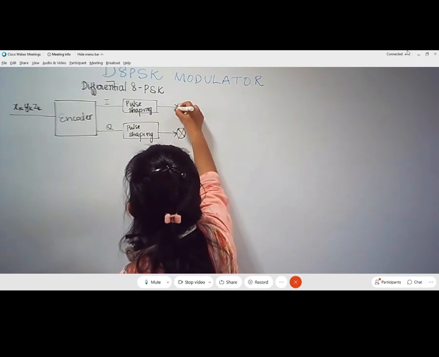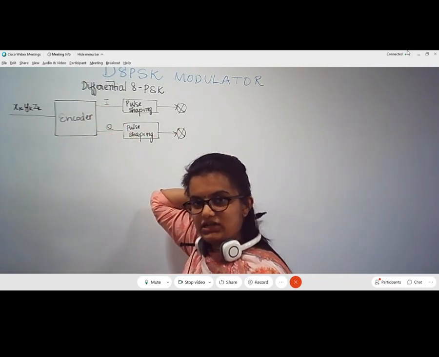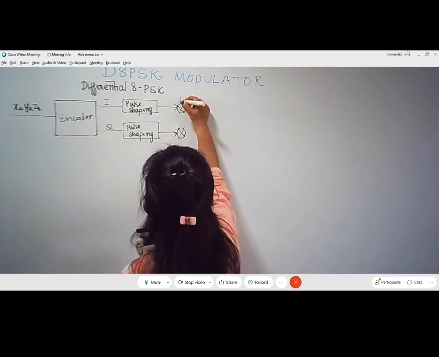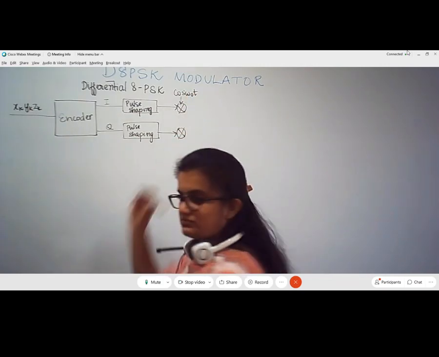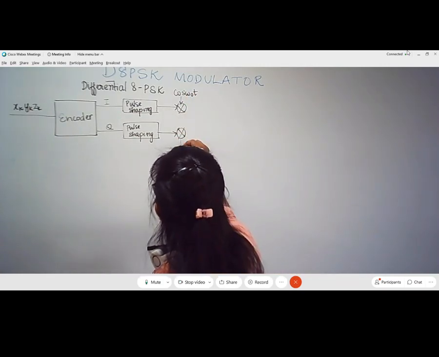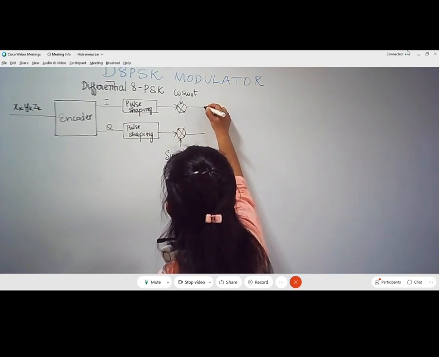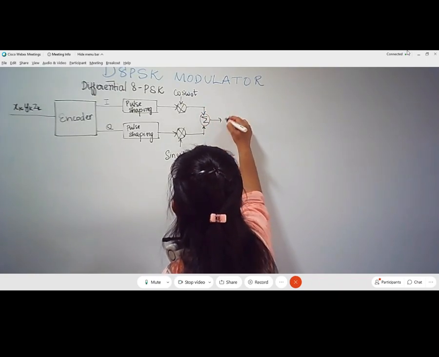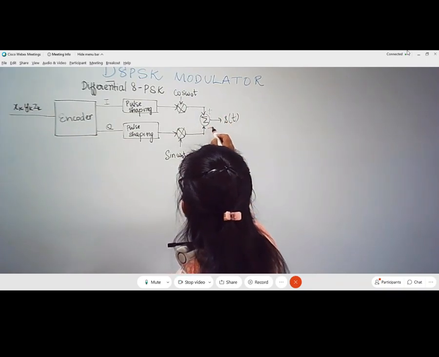Then, since the upper channel is the I channel and the lower channel is the Q channel, they will be multiplied by their respective carriers. The I channel is multiplied with cos omega naught t, and the lower channel, the Q channel, is multiplied by sin omega naught t, and these two are summed up to obtain the symbol. This one will be plus, this one will be minus.